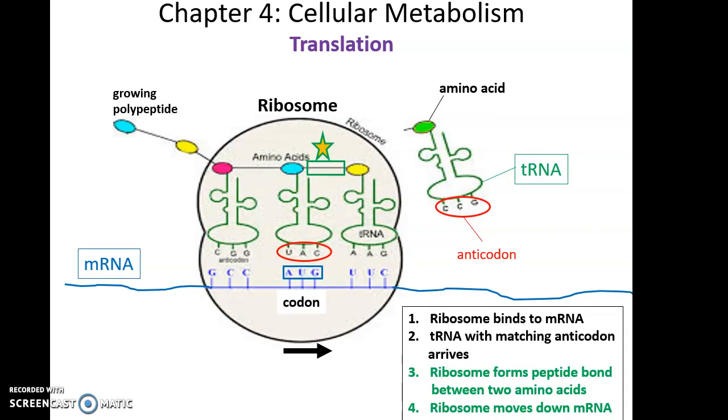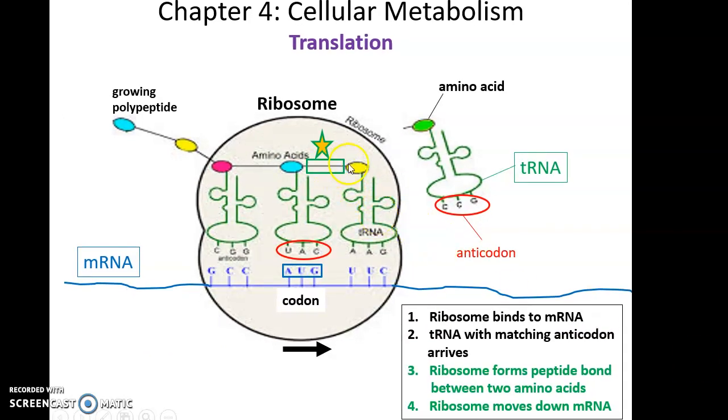The ribosome will then form a peptide bond between the new amino acid and the growing polypeptide chain. And then the ribosome will move down the messenger RNA to the next codon. So the ribosome is moving down along the messenger RNA in 3 nucleotide chunks in order to get to the next codon and the next necessary amino acid.